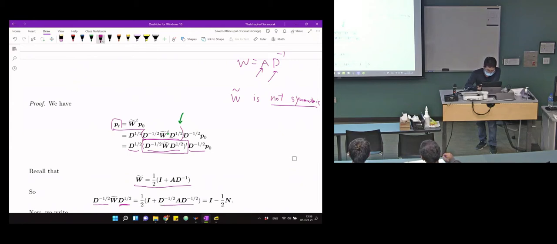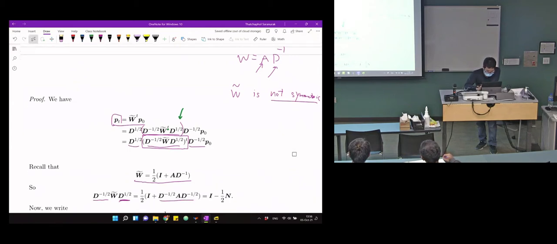And note that this whole thing is just I minus 1/2 times N, where N is the normalized Laplacian.